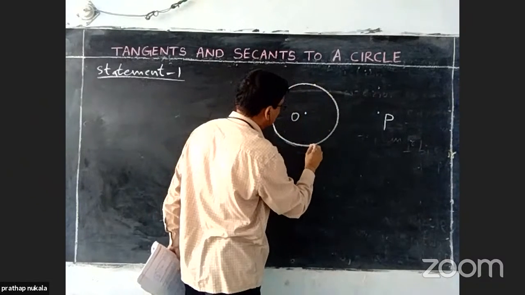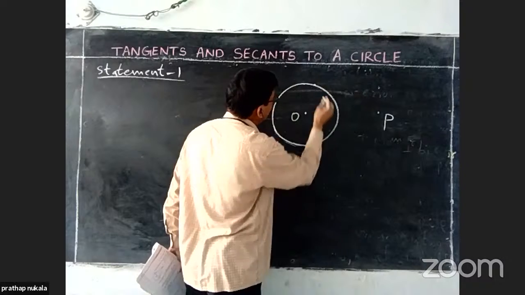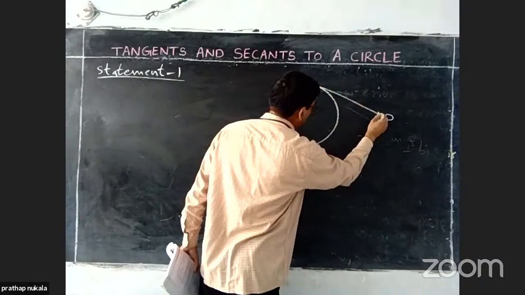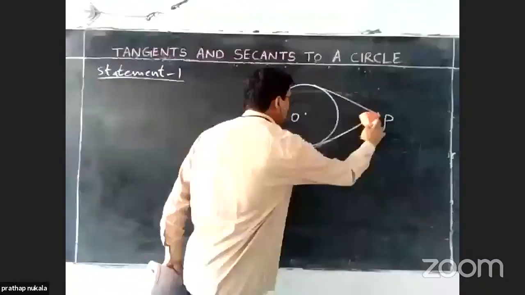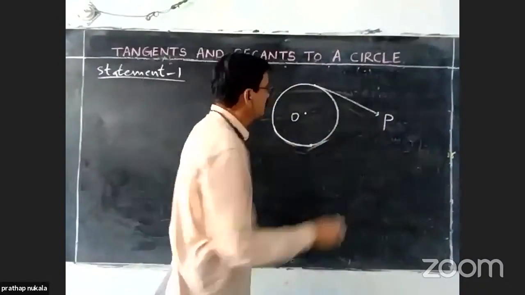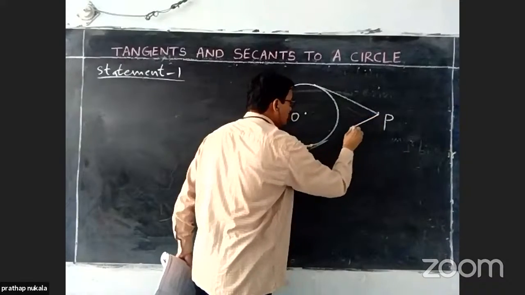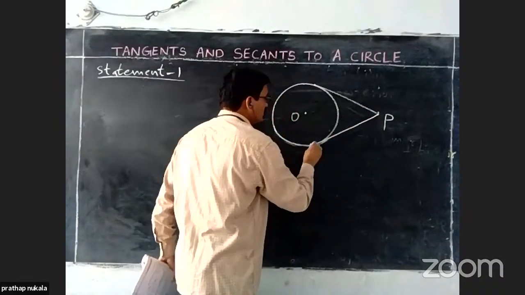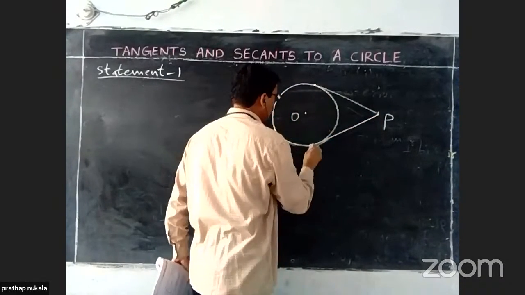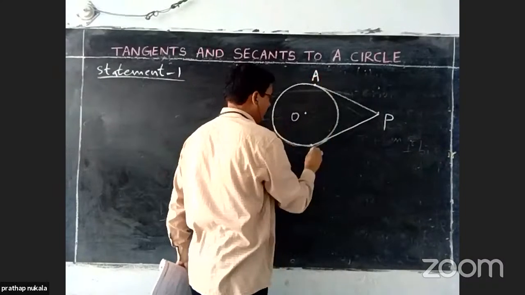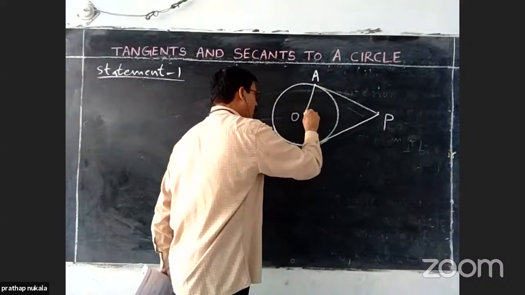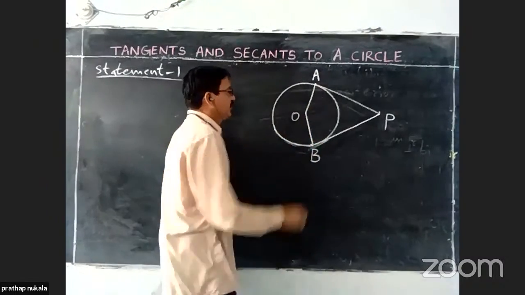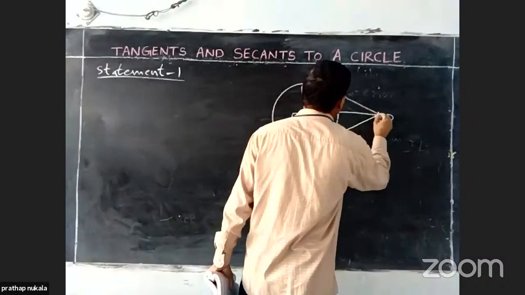Locate the points of contact, here A and B. Join radius OA and also radius OB. Join OP.